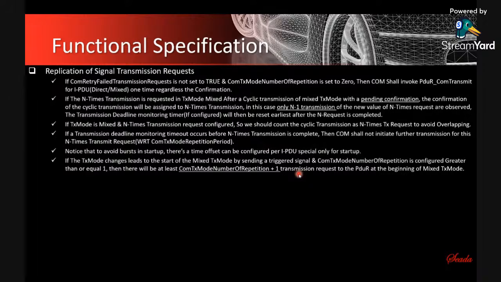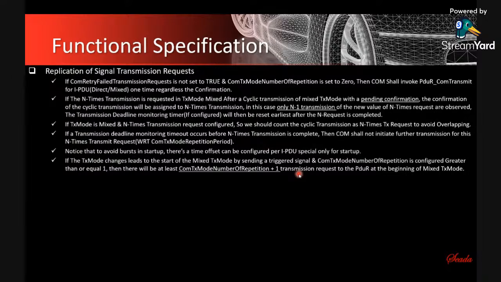The COM will consider the cyclic time as one of the repetitions, so no overlapping could happen. If it's periodic every 10 milliseconds and you said repetition three times, then it will consider the first one at 10 milliseconds, 20 milliseconds, 30 milliseconds. It just combined both of them to avoid the overlapping.